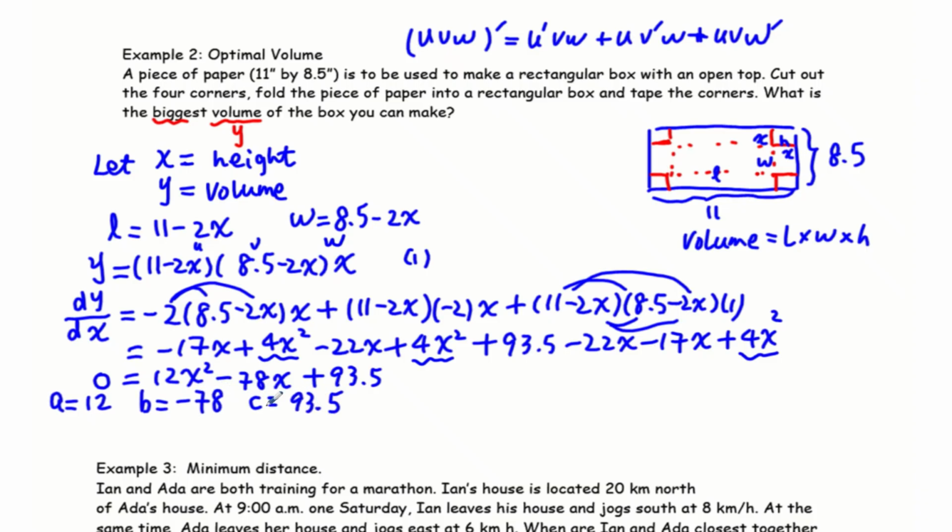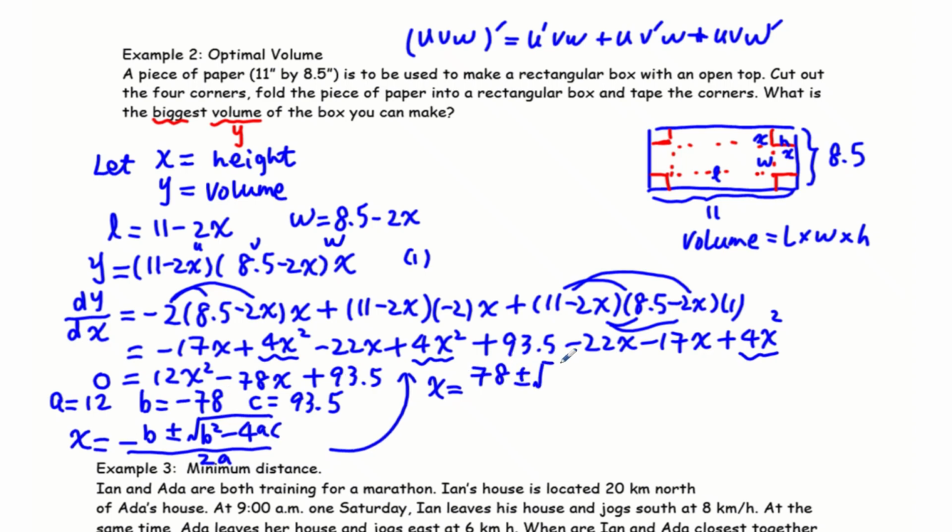So a, b, c, ax squared, bx, c with a sign at front of the variable. Then x equals negative b plus minus square root b squared minus 4ac all over 2a. Then we sub in x equals negative negative becomes positive, plus minus b squared is negative 78 squared.